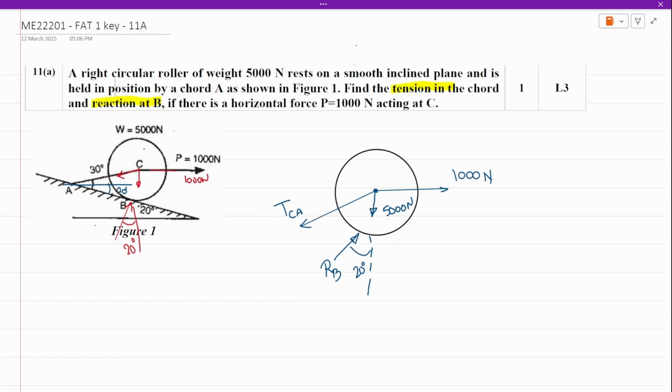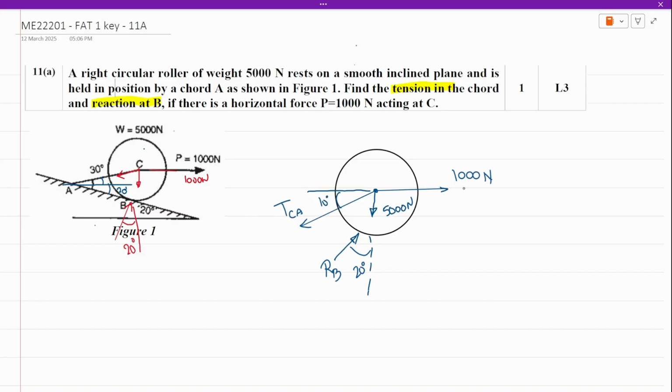So the remaining angle is 30 minus 20, which is 10 degrees. So 10 degrees with respect to horizontal is the angle of TCA. It is not 30 degrees, because 30 degrees is with respect to the inclination.